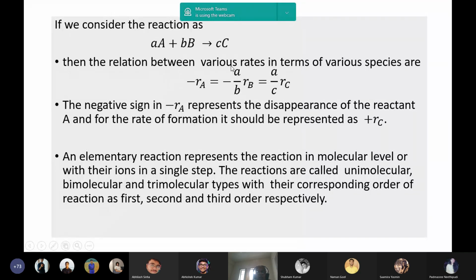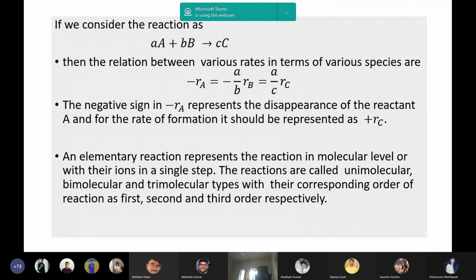Minus RA is given by a by b times RB, a by c times RC. It is a positive sign here and a negative sign there, because RB is also a rate of disappearance. This rate is related with RB according to the stoichiometric ratio a by b. And if in the design of a reactor only the formation or disappearance of one of the species is available, we can convert to the other form according to your requirement.